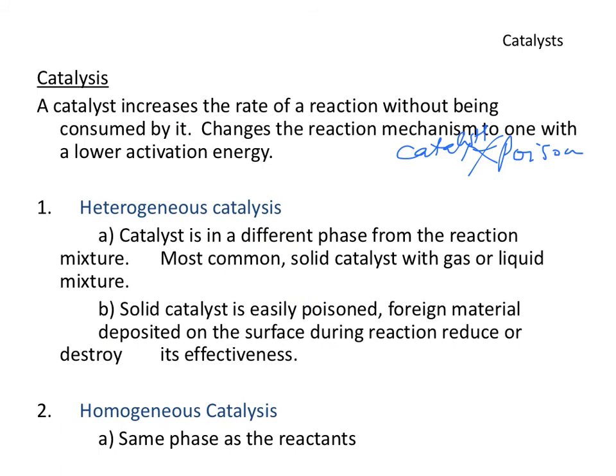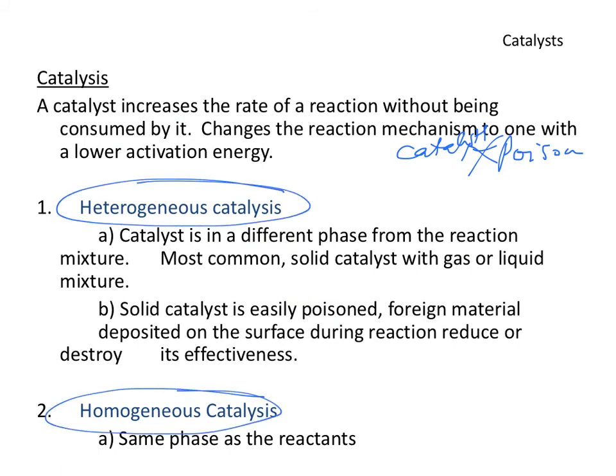Like I said, a catalyst increases the rate of the reaction but is not consumed by it. There are essentially two kinds of catalysis. One is called heterogeneous catalysis, the other is called homogeneous catalysis. Homogeneous would mean that your reactants and the catalyst are all in the same phase.